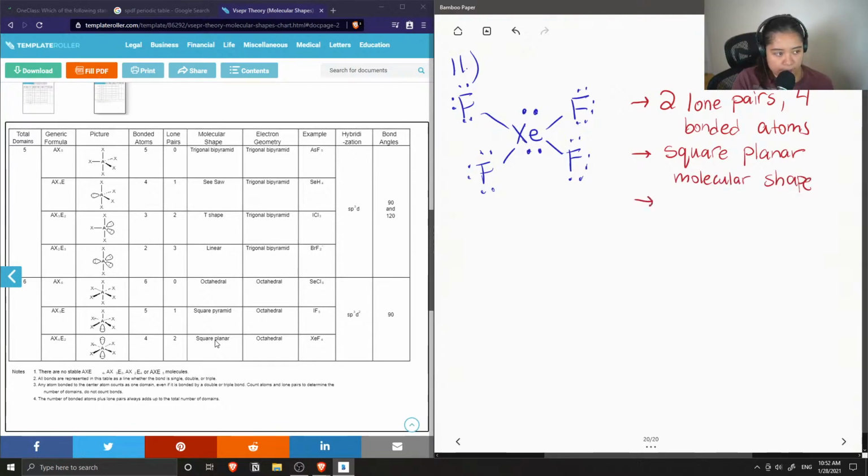And we also get an octahedral electron geometry. And the hybridization is sp3d2. And the bond angles for all of the bonds is 90 degrees.